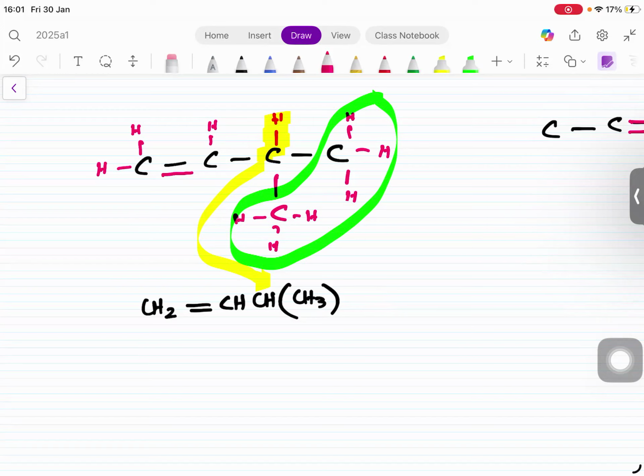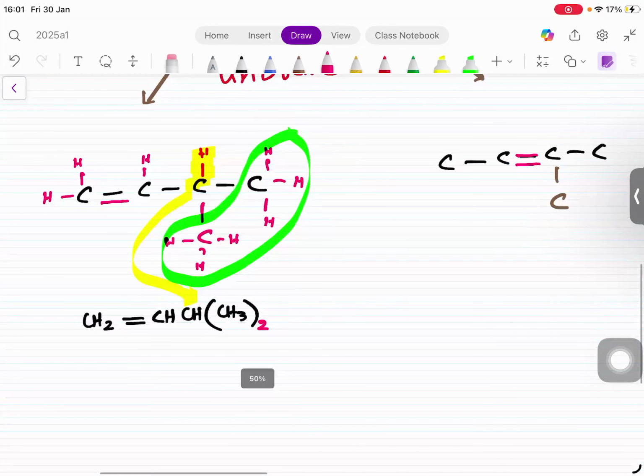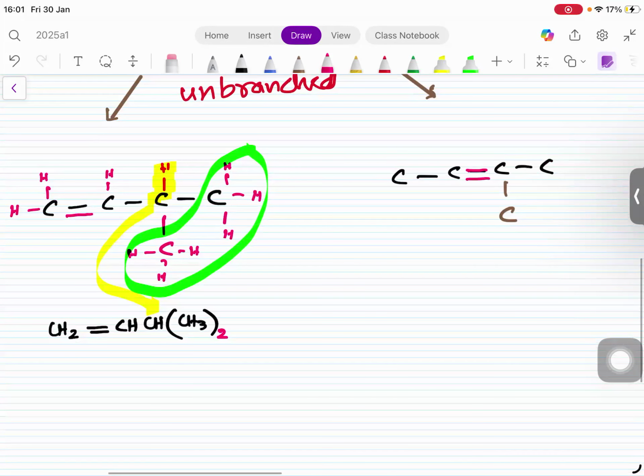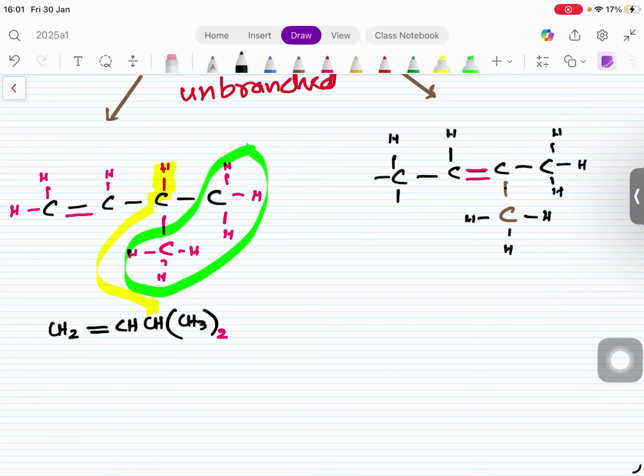Will look like this. Okay, and on the other hand, if you have drawn like this here, 1, 2, 3, 4, now I cannot put the hydrogen next to this carbon, because it is already having all the bonds. Here you go.